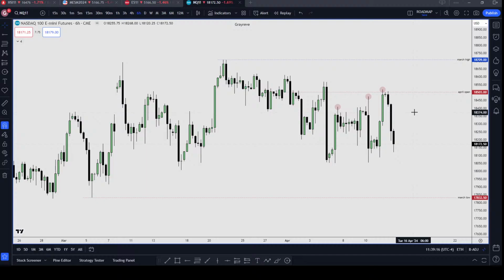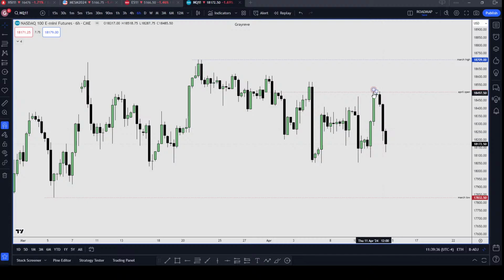So with that in mind, I will be looking for a lower time frame entry that would make sense. From this high here, I understand that this high is most likely going to be kept intact until objectives are met.